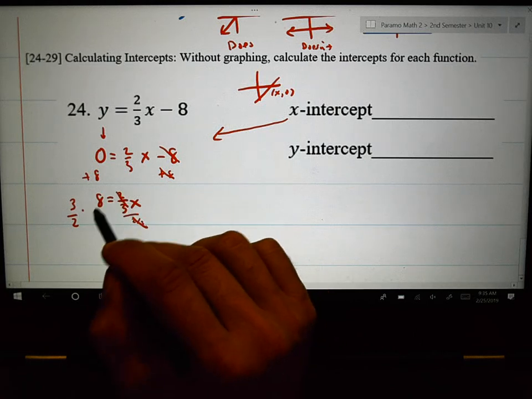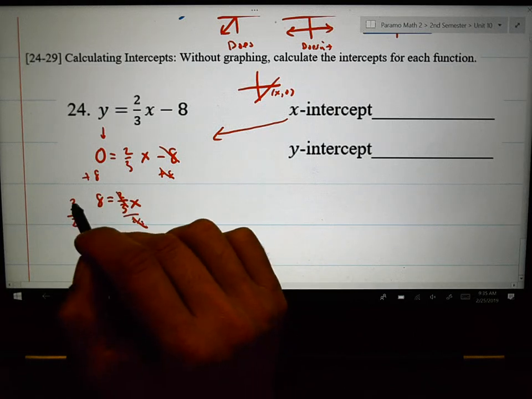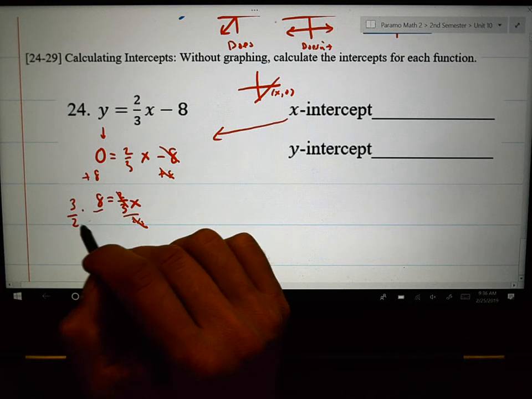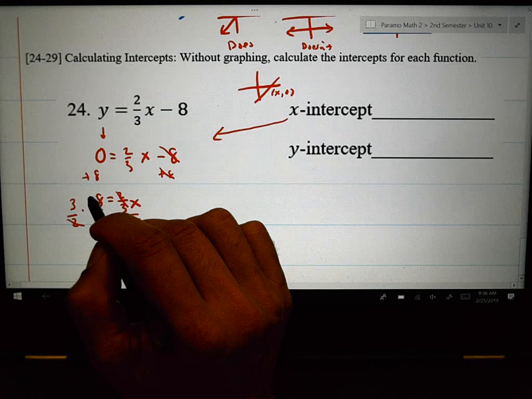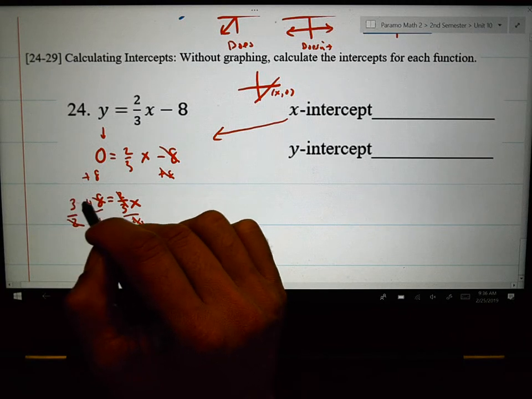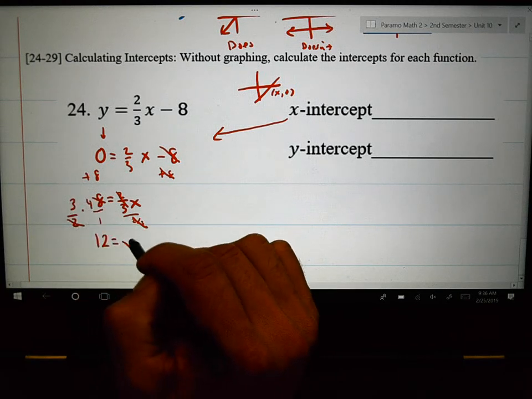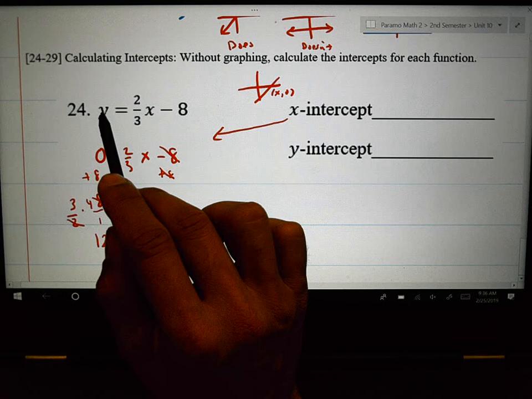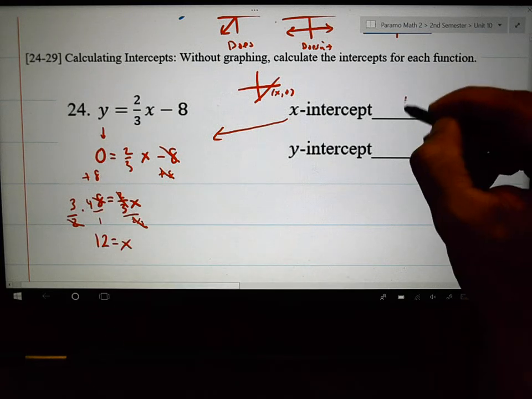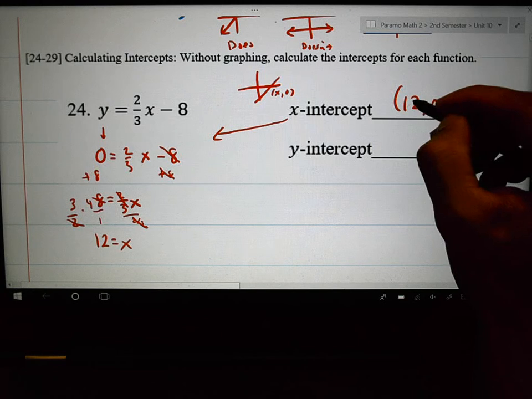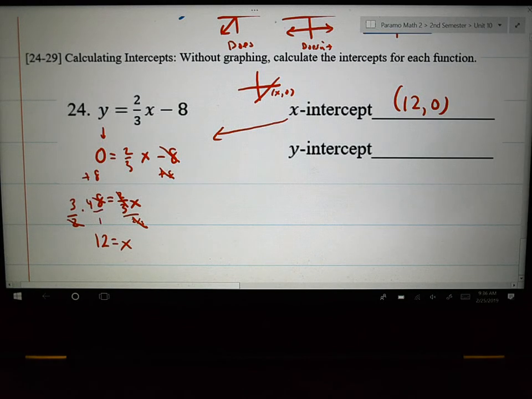You can do top times the top, bottom times the bottom, and reduce. Or you can reduce right off the bat. 2 goes into 8 4 times. 3 times 4 is 12. When y is 0, x is 12, you write your answer as an ordered pair. X first, then y. 12, comma 0.